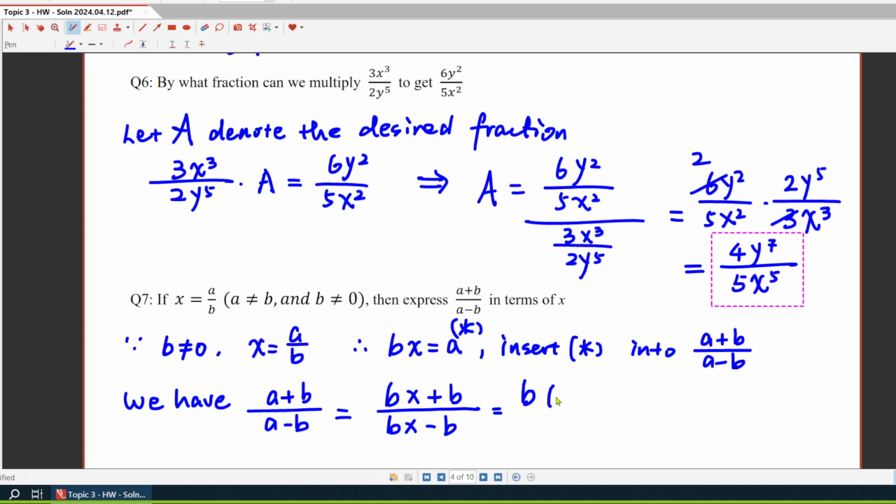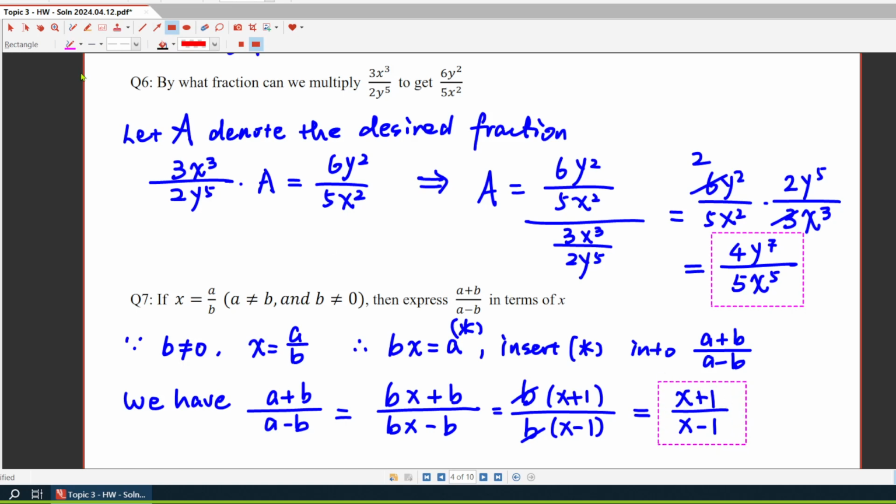Apparently that's b times x plus 1 over b times x minus 1. So cancel b here because b is not 0. That gives us x plus 1 over x minus 1. So this is how you express this expression in terms of x. We only have x in this resultant expression, right? Can you follow me?